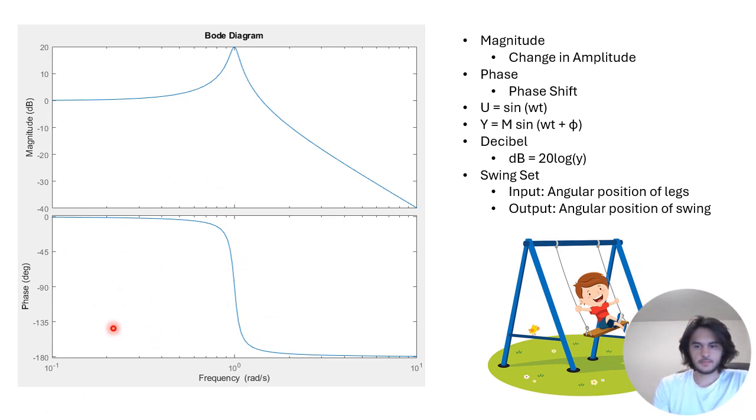This sort of makes sense in terms of the phase too. If you have your legs sort of out of phase with the swing, you can get yourself up in the air.